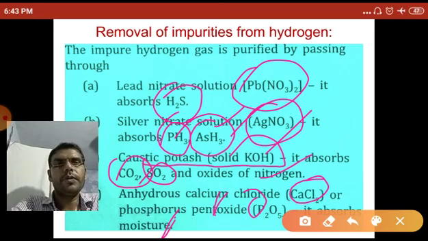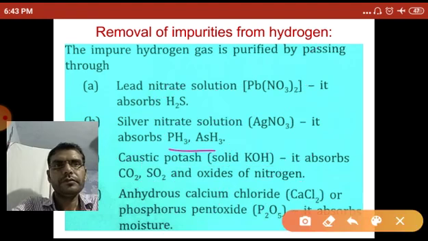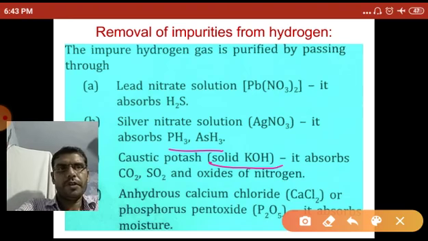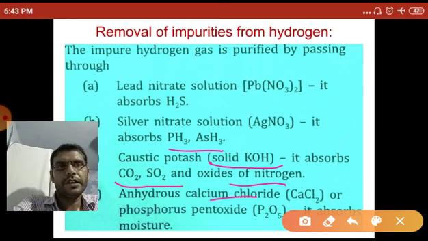So for removing the impurities present in the hydrogen, the impure hydrogen passes through all of these solutions. Lead nitrate solution absorbs the hydrogen sulfide, silver nitrate solution absorbs the phosphine and arsine, solid potassium hydroxide absorbs the carbon dioxide, sulfur dioxide, and nitrogen oxides, and anhydrous calcium chloride and phosphorus pentoxide absorb the moisture.